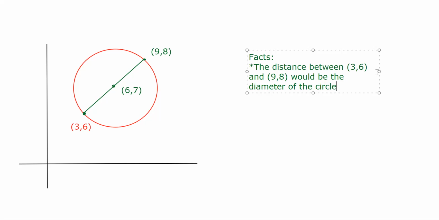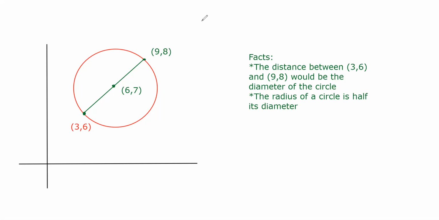Hopefully these terms like diameter and radius are not new to you. The radius of a circle is half its diameter. In other words, if we can find the distance between the points 3, 6, and 9, 8, we'll know the diameter of the circle, cut it in half, and you now know the radius as well. It's that simple.